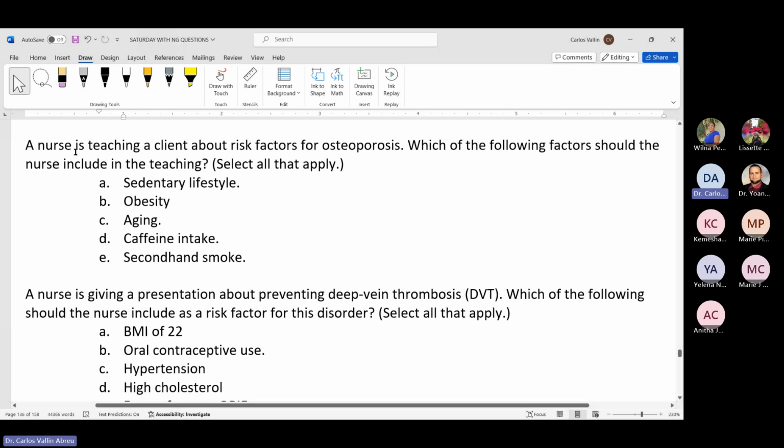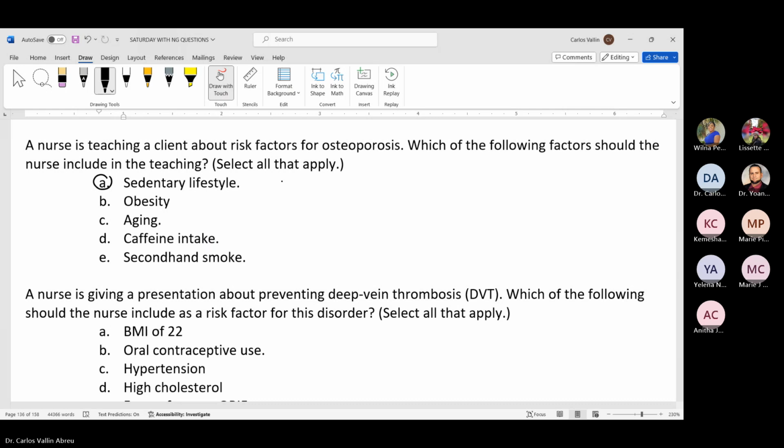A nurse is teaching a client about risk factors for osteoporosis, another important topic in the exam. Which of the following factors should the nurse include in the teaching? Risk factors that increase the risk of developing osteoporosis. Sedentarism, yes. You know that weight bearing exercise slows down the process of osteoporosis.